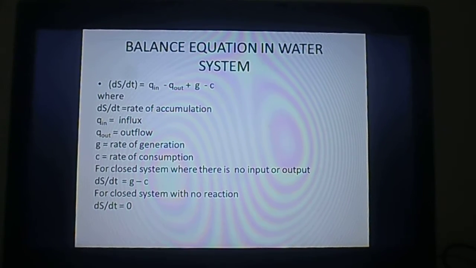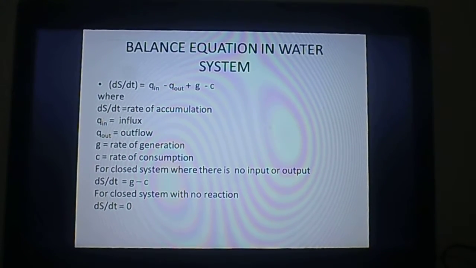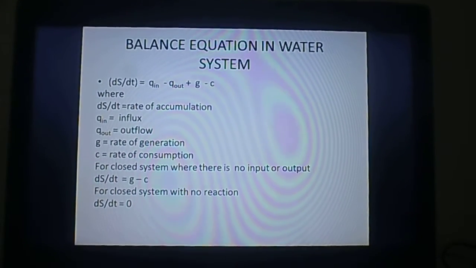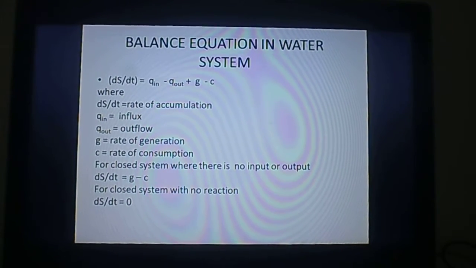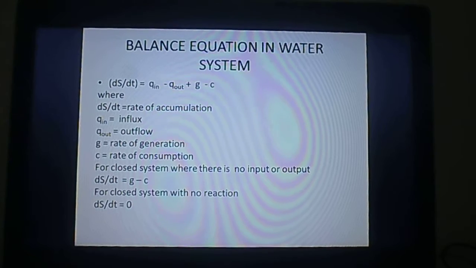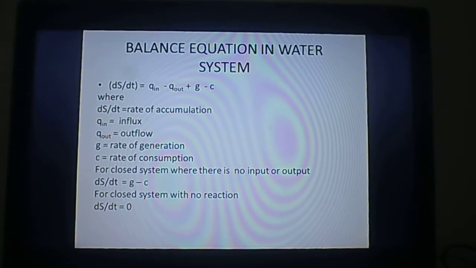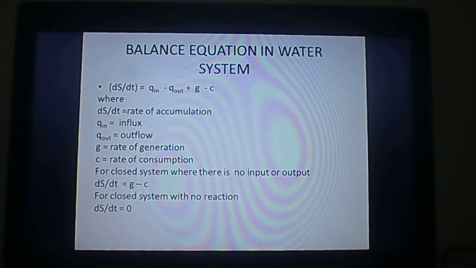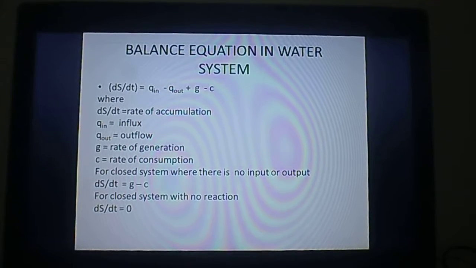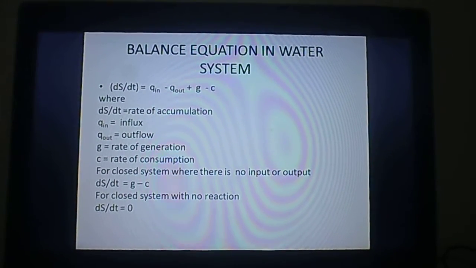For a closed system where there is no inflow and outflow, the rate of accumulation or the change in storage is equal to the rate of generation minus the rate of consumption. For a closed system with no reaction, the rate of accumulation equals 0.